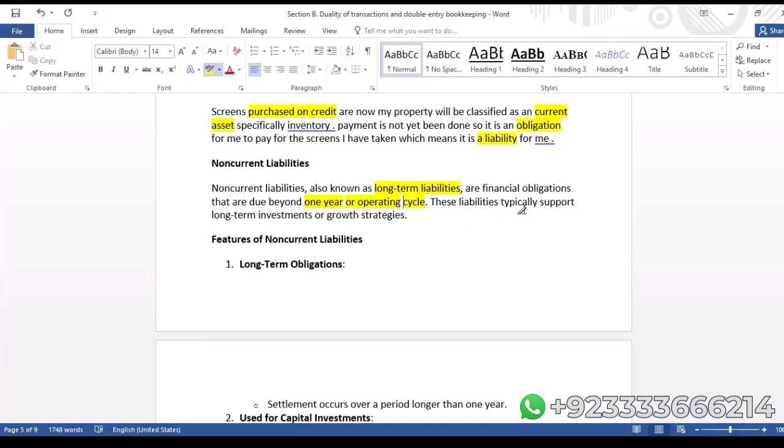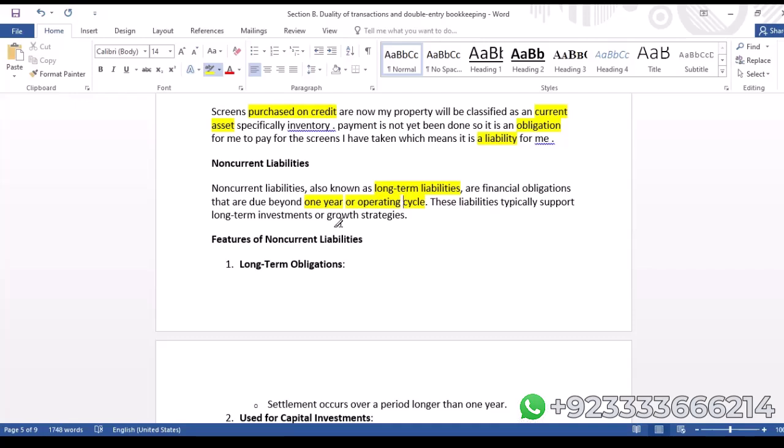These liabilities typically support long-term investments or growth. For example, you are building a new factory, that is a non-current asset. Look, for non-current assets, we need non-current liabilities. In order to make something big or purchase something big that will last for more years, we need something big.